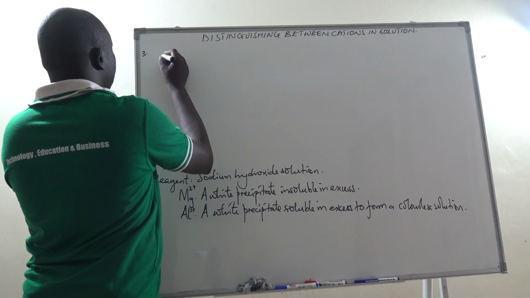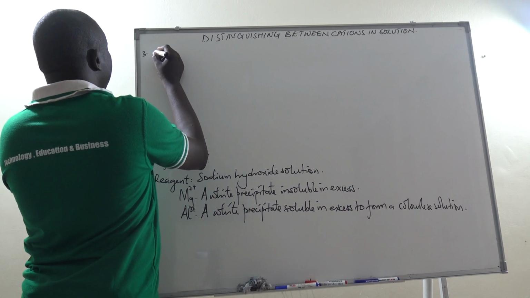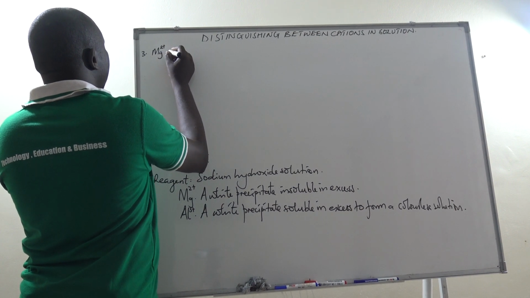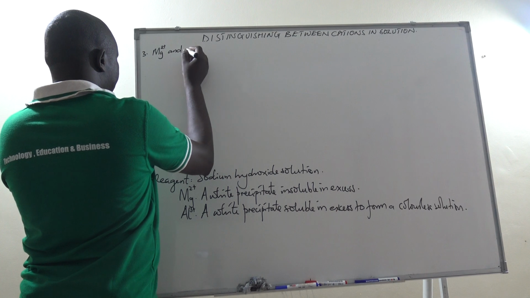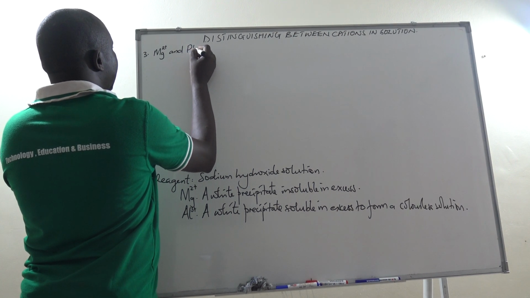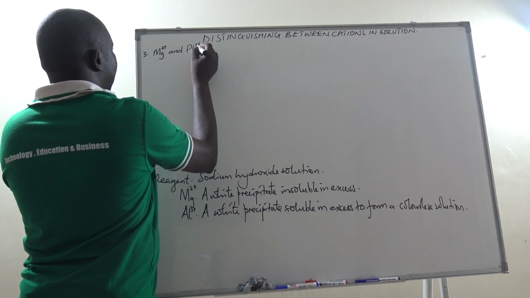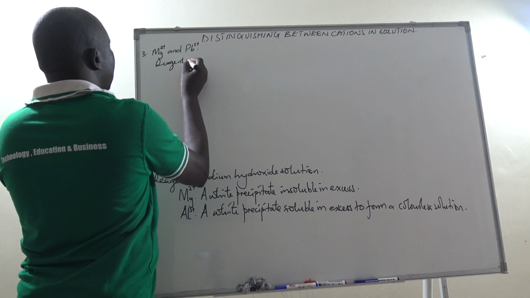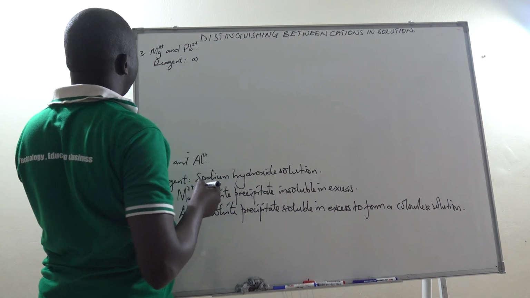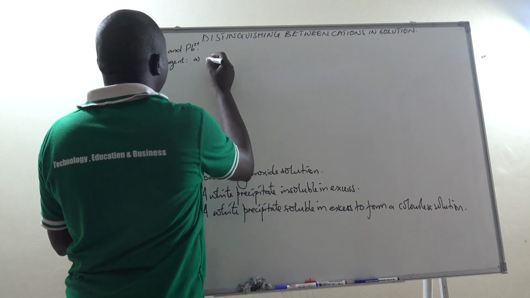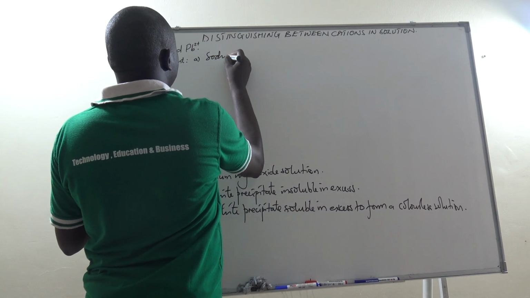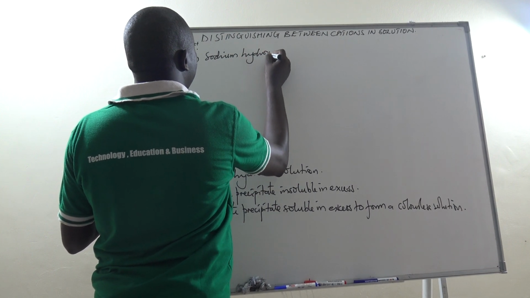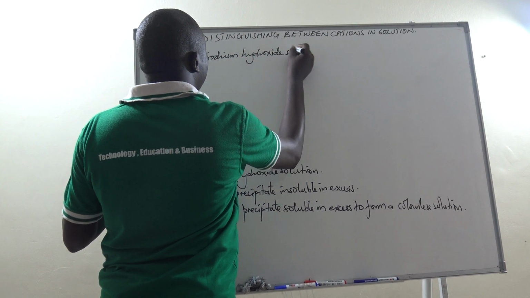So let us look at the next one. That is, if we are trying to distinguish between magnesium ion and the lead 2 ion. Let us look at the reagents. The first reagent that we can use in this case is sodium hydroxide solution.